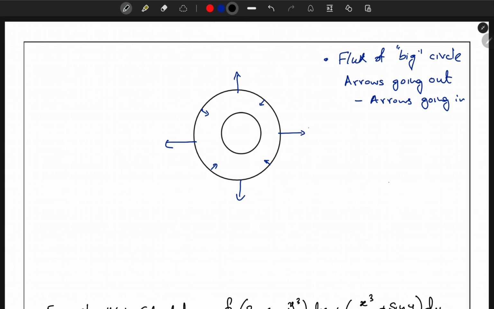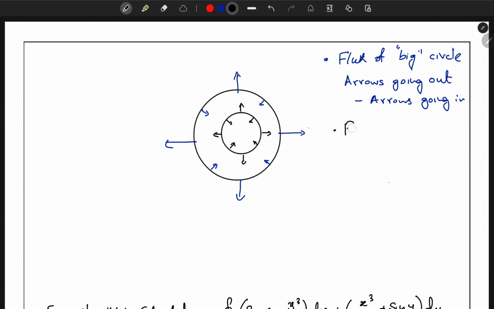Let me use a black color to indicate flux of the small circle. The flux of the small circle is the arrows going out from the small circle minus the things coming into this small circle.